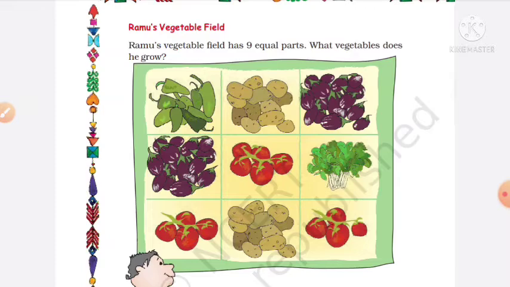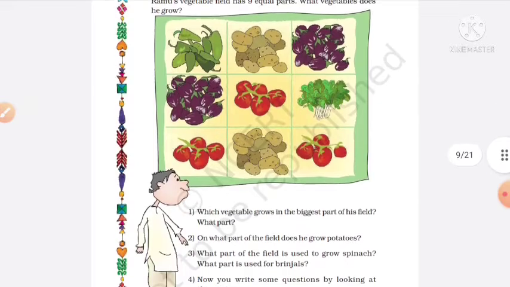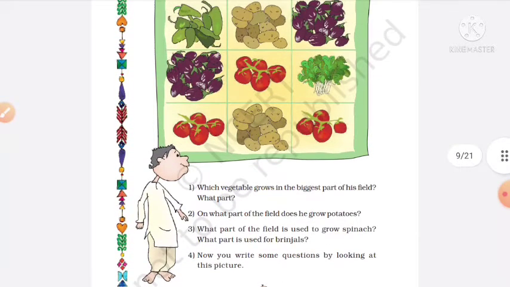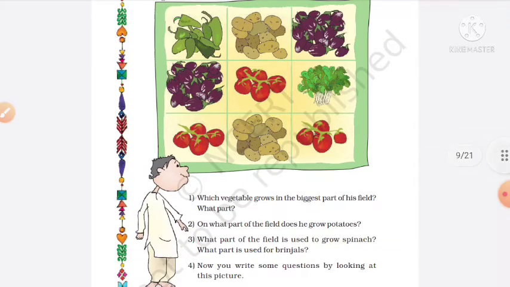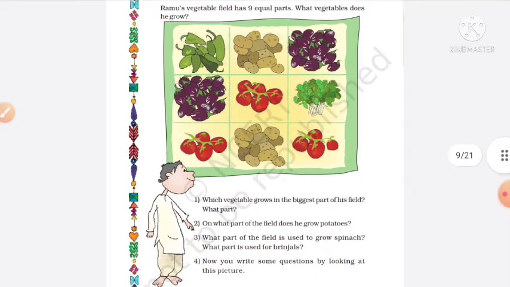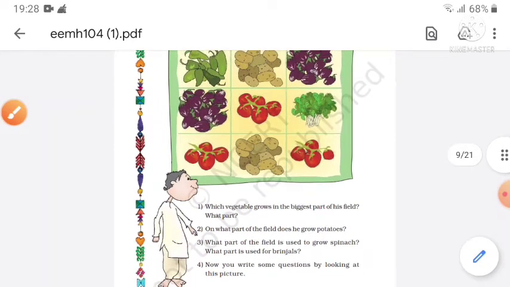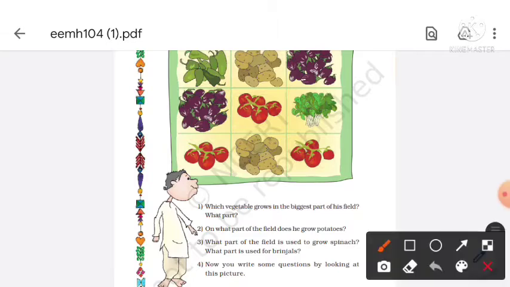Okay. Now the question is, which vegetable grows in the biggest part of his field? Then we have to find it out. If you see in this figure, easily you can see that he grows tomato in the biggest part of the field.